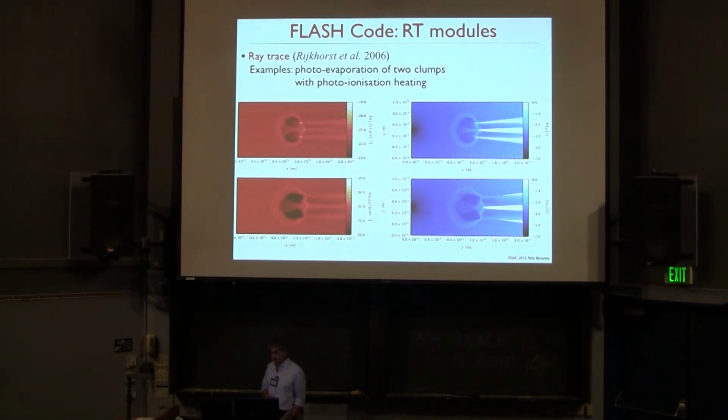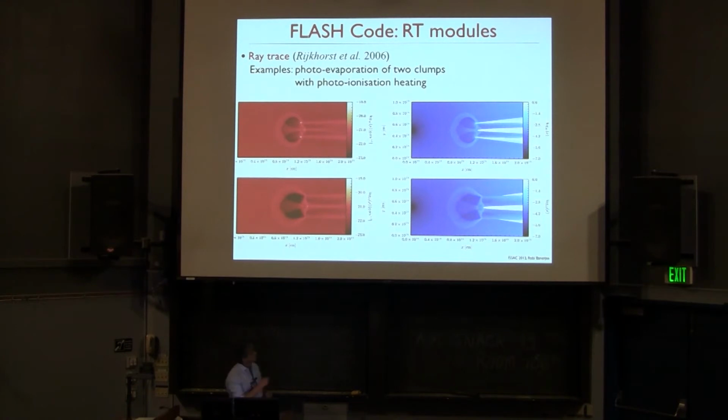And if you evolve such a system, this is a slightly different setup, but very similar, including the photoionization heating. Of course, what happens is that over time you disperse your clump, and here initially there were two clumps.